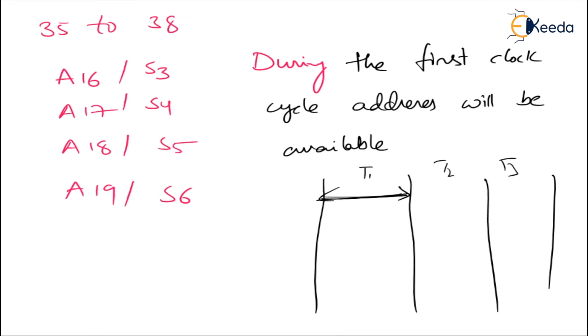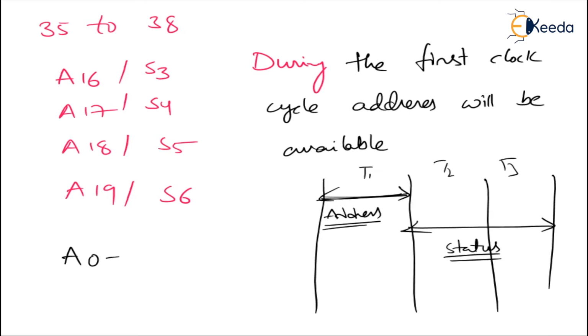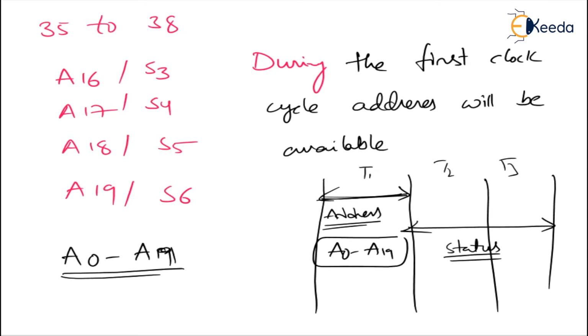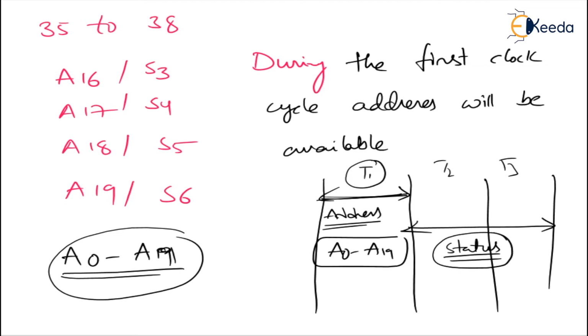In the first clock cycle, the address will be available. Later it carries the status signals, S3, S4, S5, S6. So during the first clock cycle we get the complete address, from A0 to A19, whereas in the next clock cycle we get the status.